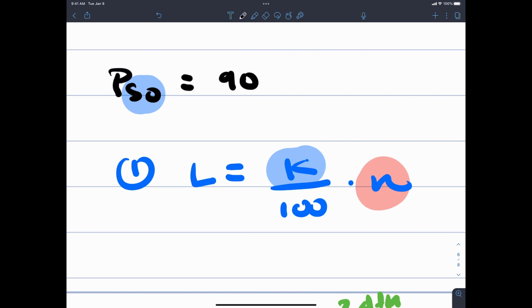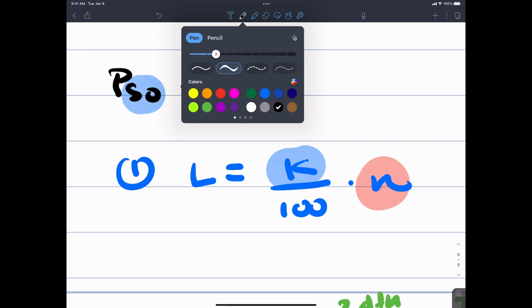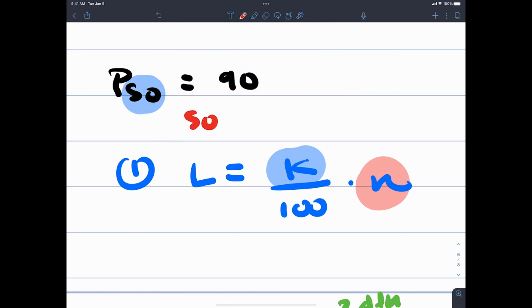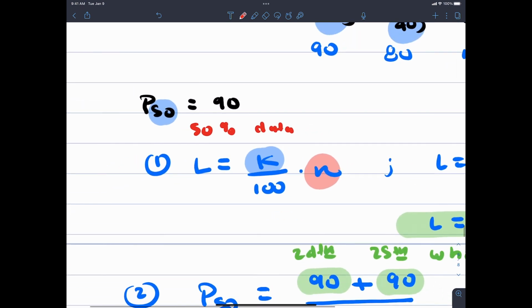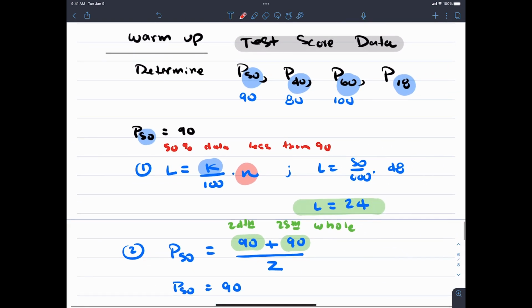What's the meaning of P50? Yes. 50% of the data is less than 90. Half the data is less than 90. That's the meaning of what you're doing.